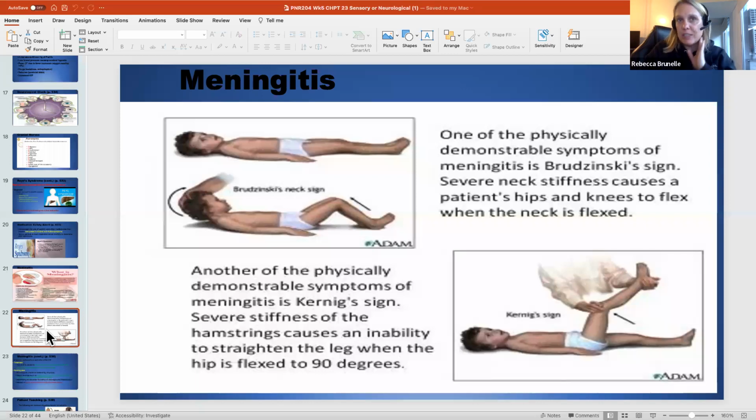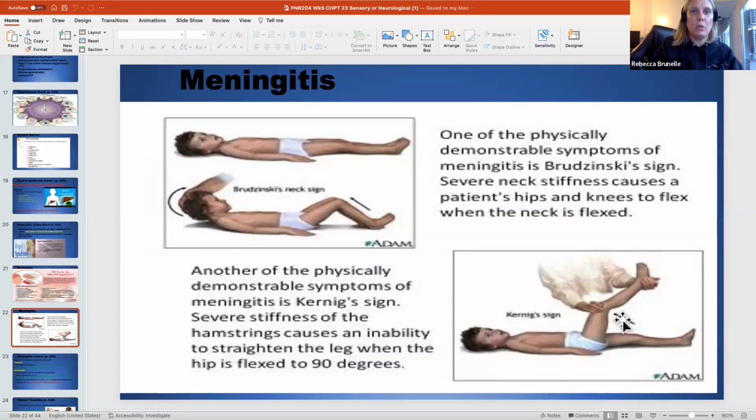The kid has a stiff neck, and when you move the head up, then the knees go up. It causes the patient's hips and knees to flex when you move the head up. So they're lying flat and you move the head up and then their knees go up. And the other one is the Koenig sign, which is the bottom corner of the child here.